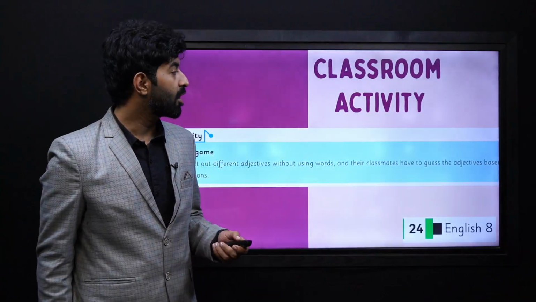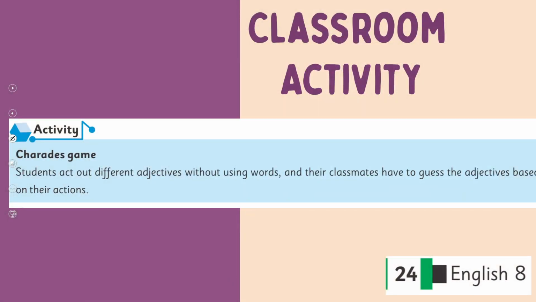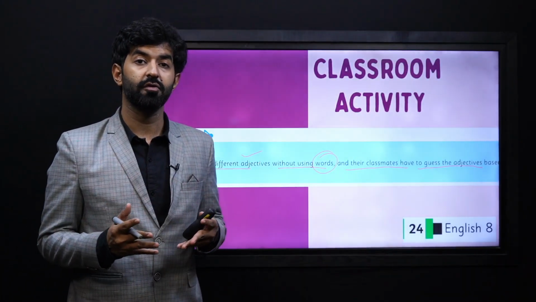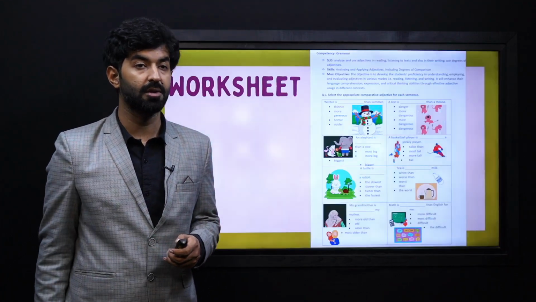Now let's talk about your classroom activity from your book, page 24. This says it's a charades game. Students act out different adjectives without using words, and their classmates have to guess the adjectives based on their actions. Now you will use all these different kinds of adjectives while doing this classroom activity.